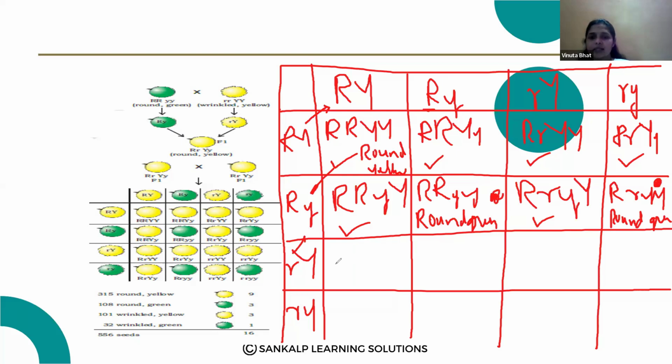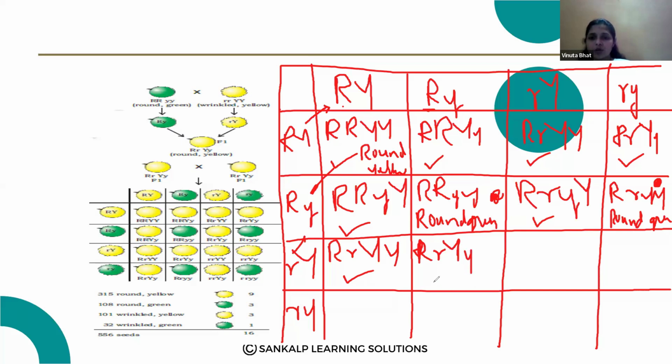Okay, round green seeds. In the third row, here, capital R, capital Y. This is also round yellow seeds. Next, check the next one. Capital R, capital Y, small y. Okay.